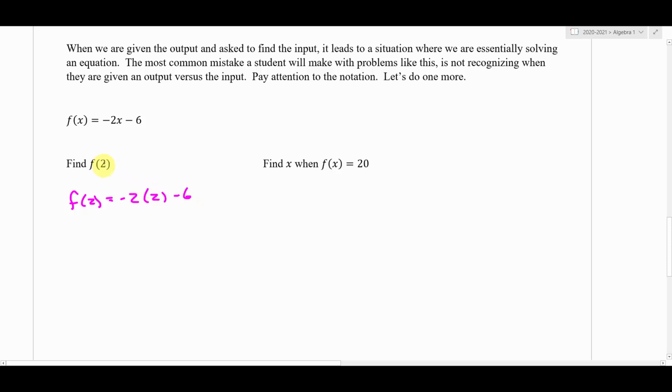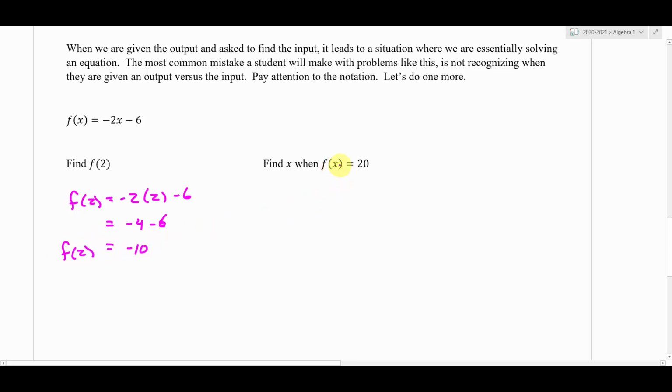So the x gets replaced with the input. And then I use my order of operations to calculate. So this will be negative 4 minus 6, and negative 4 minus 6 is negative 10. So we would say f of 2 equals negative 10. I put a 2 in, I got a negative 10 out.